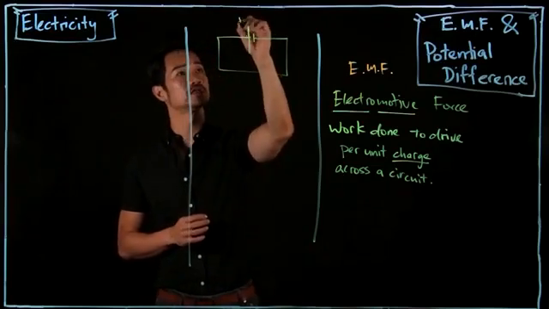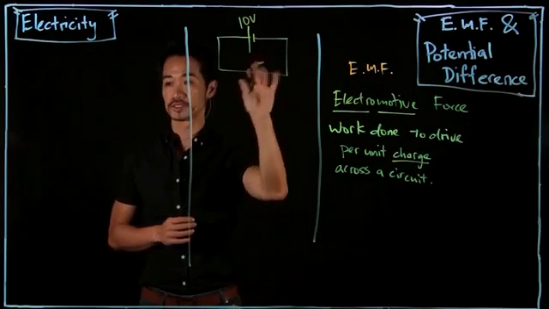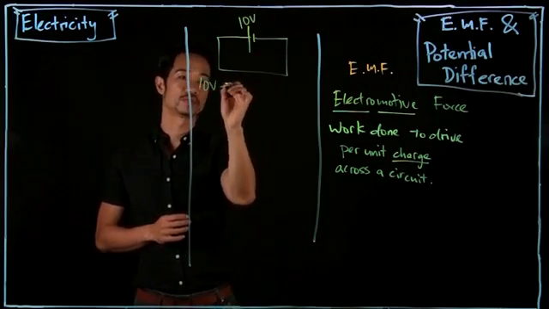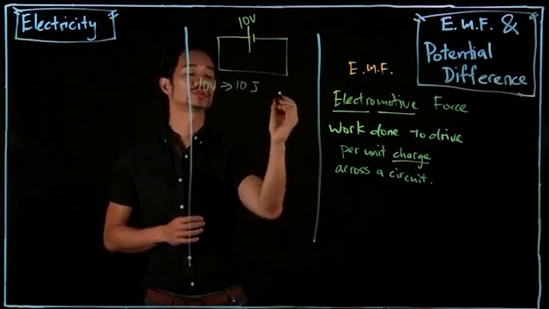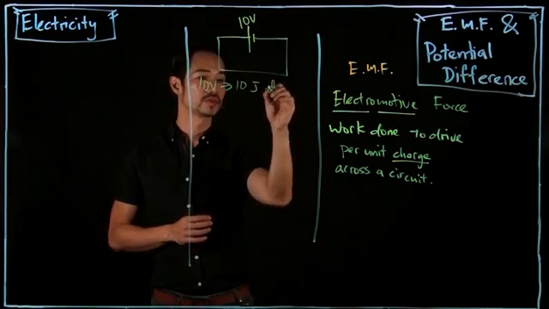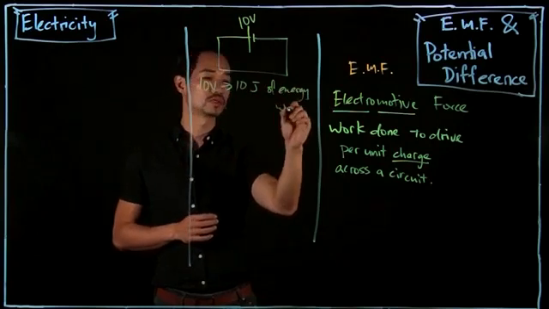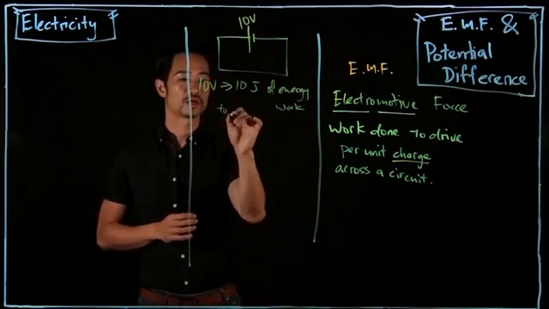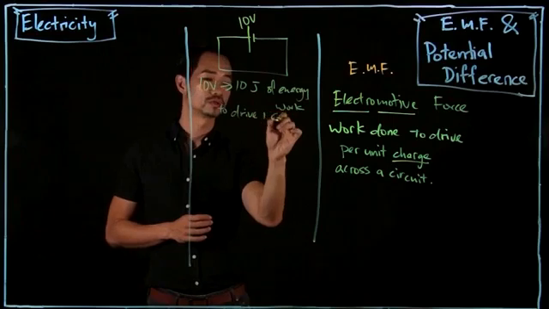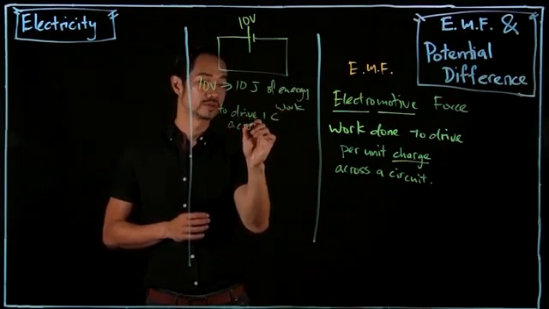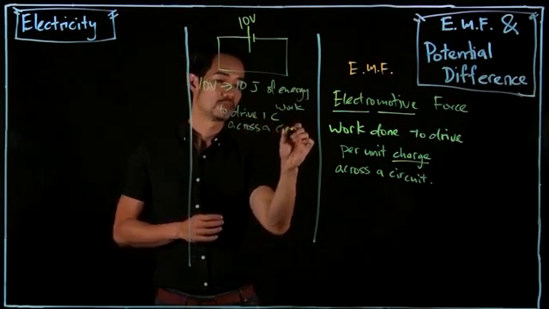If I say that this is 10 volts, what this means is that it provides 10 joules of electric energy, or you will do 10 joules of work to drive 1 coulomb across a circuit.